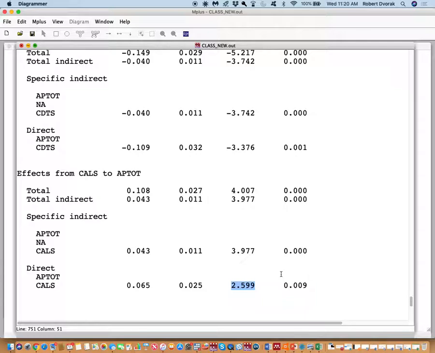In several recent studies, Dave MacKinnon has shown that the multiplicative term of a times b is basically never normally distributed, right?